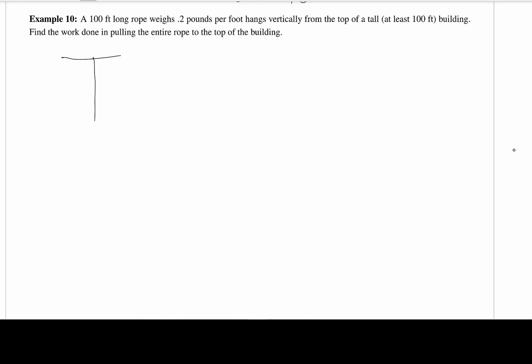So I'm going to set up a picture here. Right? Here I've marked 0 and 100 because this is 100 feet long. Okay? I'm also going to change this 0.2 right here to a fraction because I like working with fractions more than I do decimals. Okay? My force is going to be equal to, well, let's see.